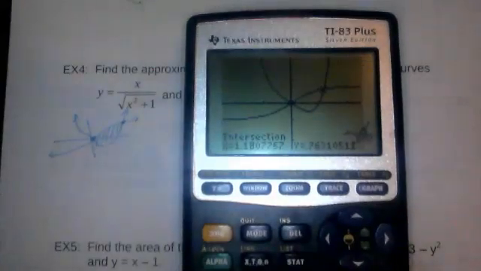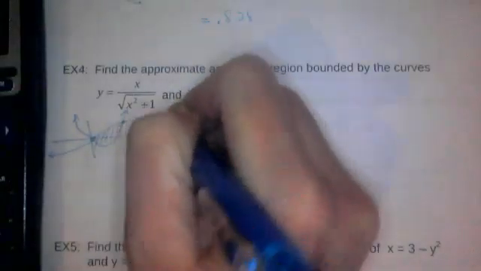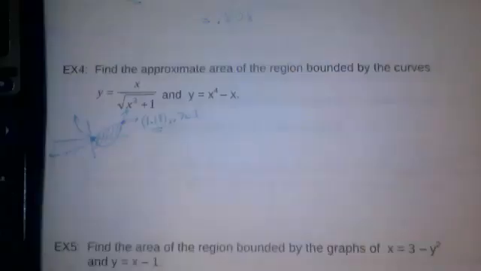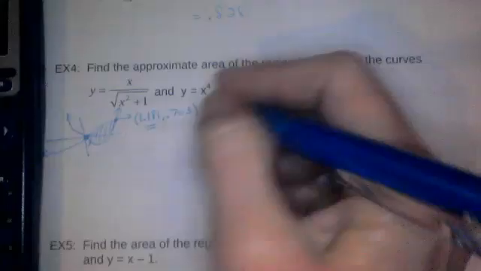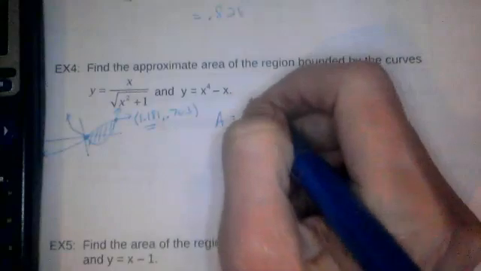And it looks like my intersection is at 1.18077, or 1.181, and the y value is 0.763. Now you may not want to round that off to 3 decimal places on a test until after you get to the end, but for this problem, I'm going to go ahead and just leave it with those 3.